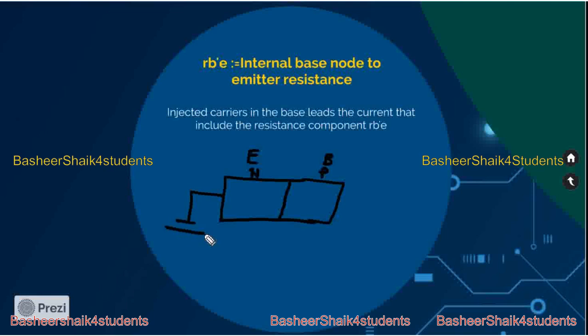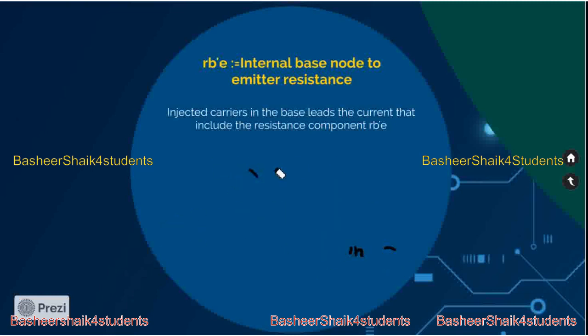We apply forward bias between the emitter and the base junction, and majority charge carriers move from the respective materials. In a similar fashion, some resistance exists due to the minority carriers. That resistance is named RB'E, the internal base to emitter resistance.